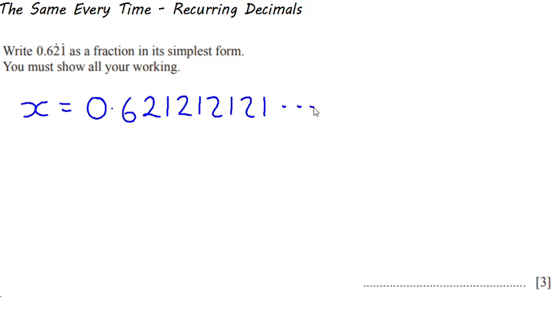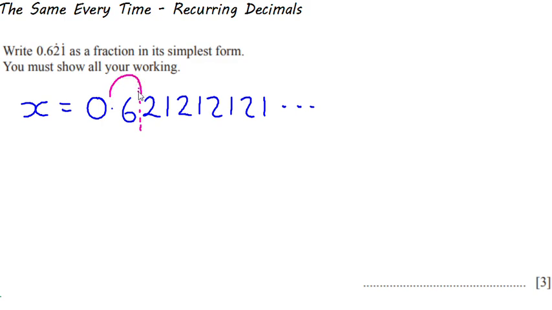So x equals 0.6212121... Now we need to have on the right-hand side of our decimal point only the repeating part. Well, the repeating part is 21212121, and the repeating part starts just there. So on the right-hand side of that cutoff point, I've only got the repeating part, the 212121.